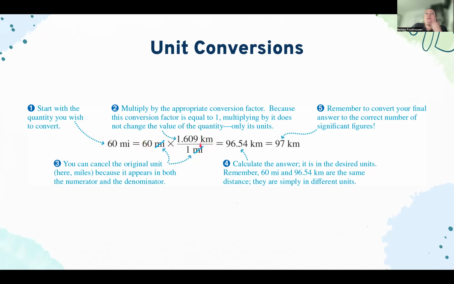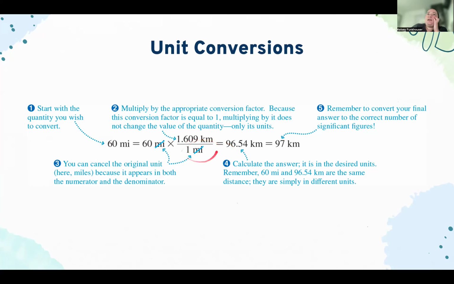So the way you set it up, we know how many kilometers are in a mile. We looked it up. And then we want to figure out, okay, if I'm supposed to somehow multiply by that conversion factor, how do I do that? Well, you set it up so that you can cancel out the units you don't want. So we have 60 miles. We want to get rid of miles.